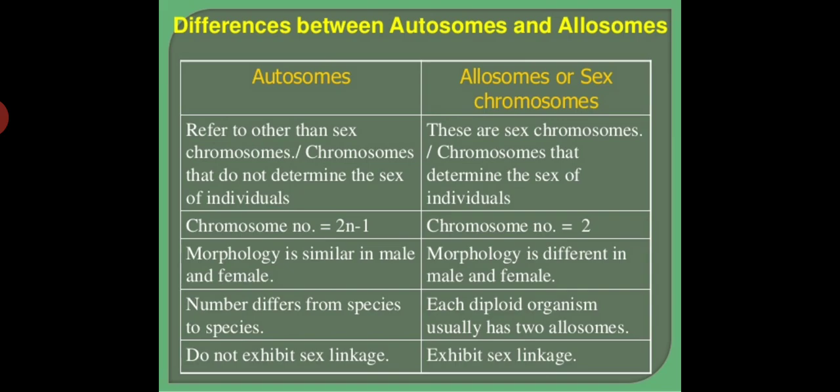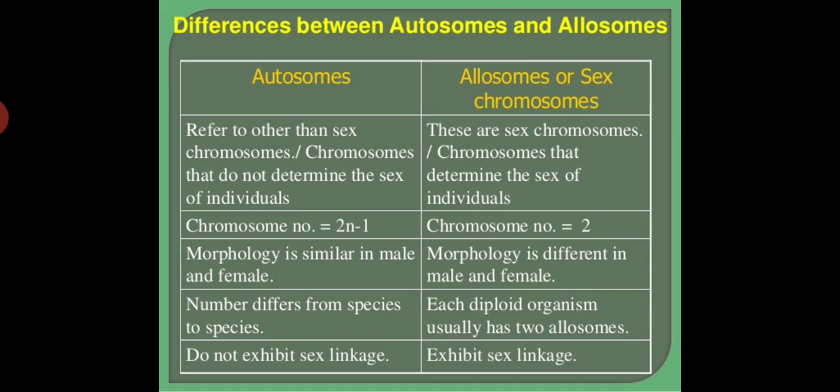The chromosome number is 2n in case of autosomes, and in case of allosomes the number is 2 only. That means in autosomes 2 sets of chromosomes are present, whereas in allosomes only 2 chromosomes are present, either XX or XY or some other pattern of sex chromosomes.